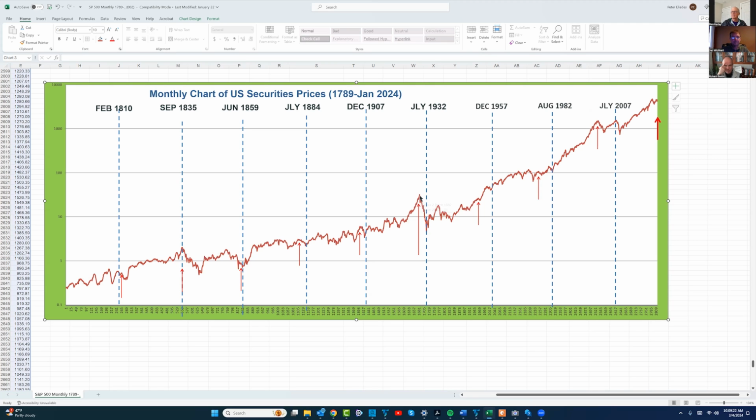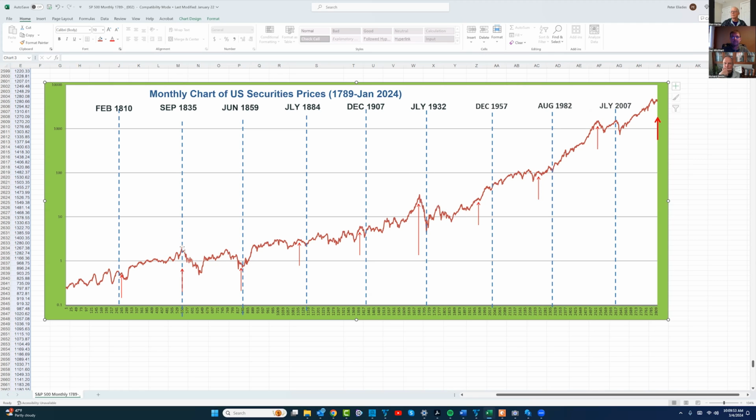And it turns out to be 94 years. So again, simplistically and without statistical significance, you go forward 94 years from 1929, and lo and behold, you come to 2023. So if there's going to be a repeat of this very long-term pattern, September 1835, September of 1929.